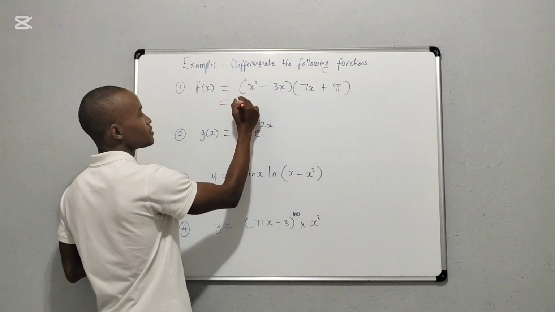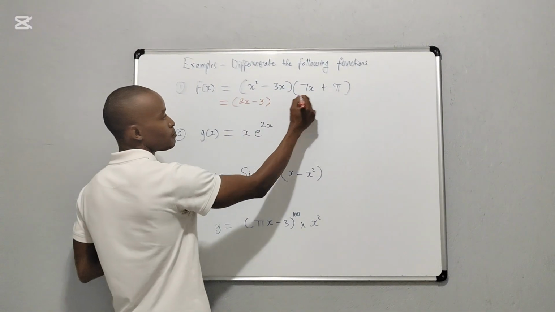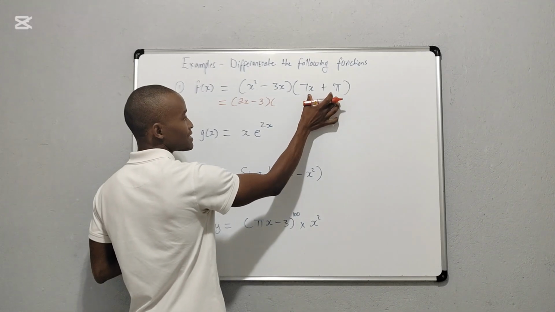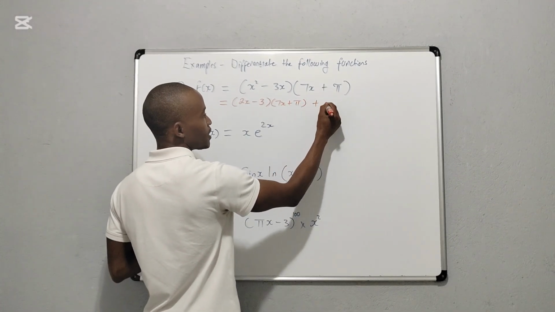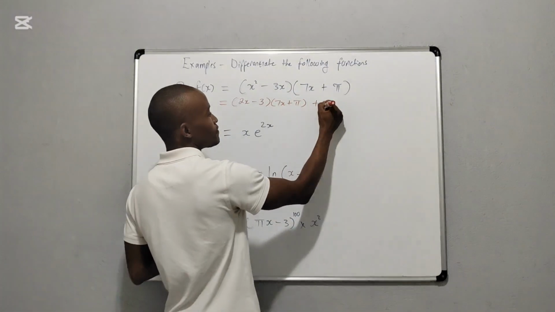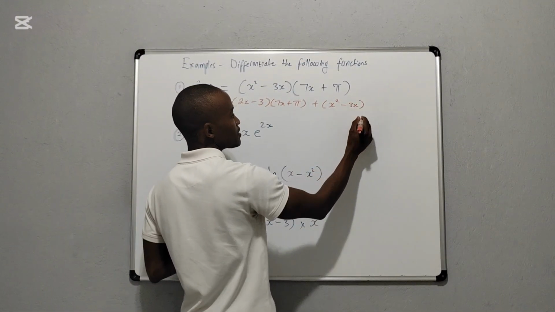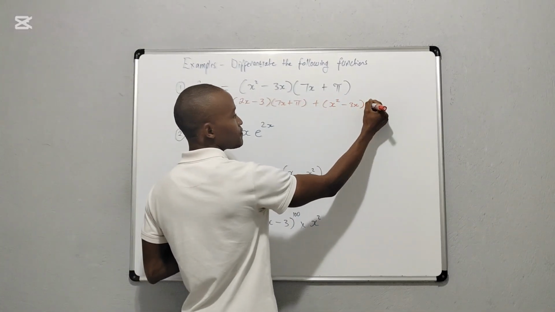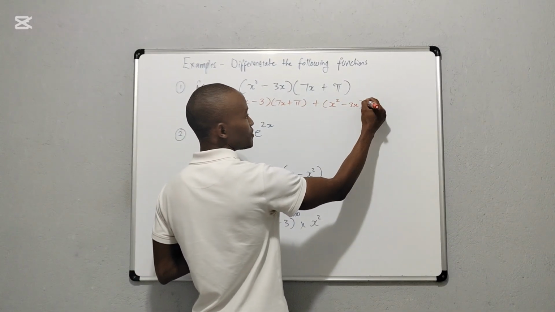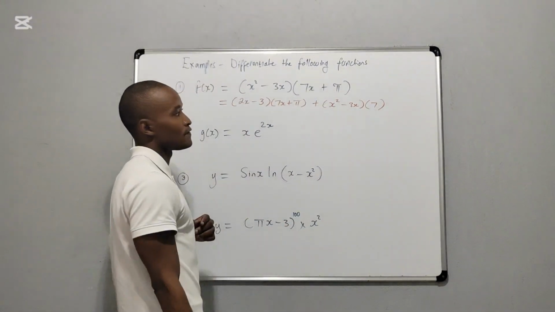Derivative of the first function, that will be 2x minus 3 multiplied by the original second function, 7x plus pi, plus, keep the first function as it is, the original function, x squared minus 3x. So you differentiate your second function now, you add your second term. Derivative of this guy here will be 7.